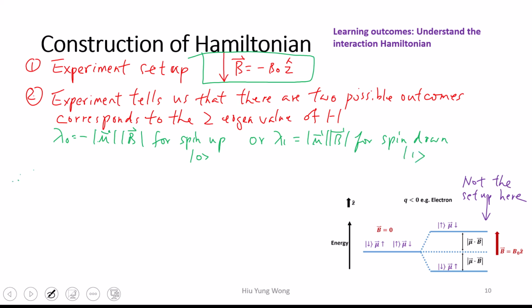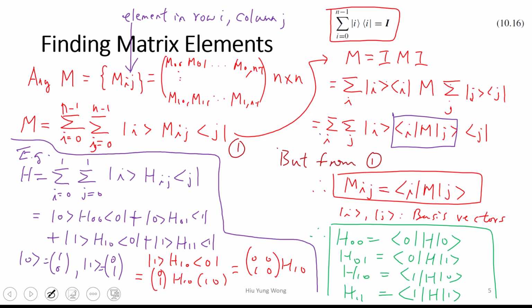So I can construct the Hamiltonian matrix, right, which is the summation from i equals 0 to 1 of lambda i, as we learned before. A little bit similar to what we have just done, to construct the matrix we go through all the rows and columns and then the elements.